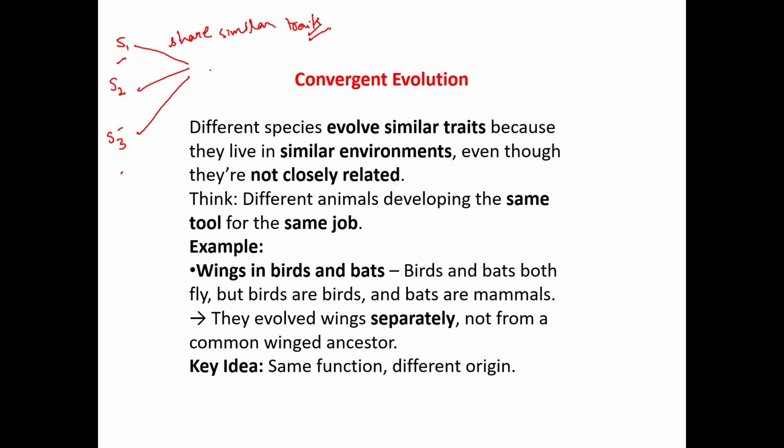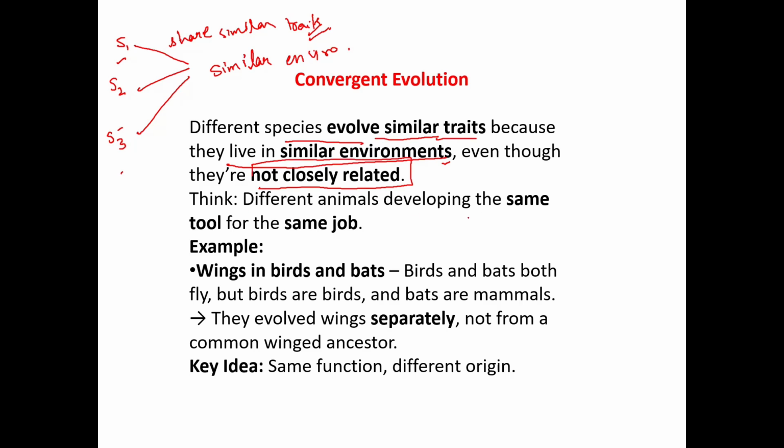Why? Due to similar environment, similar habitat. So different species evolve similar traits because they live in a similar environment, even though they are not closely related.